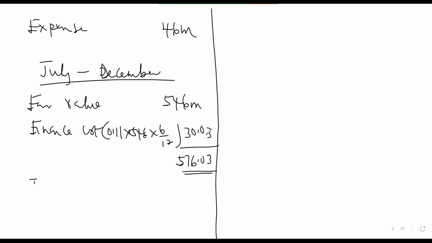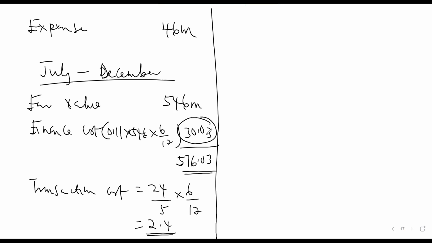So your transaction cost will also be capitalized, or someone can decide to write off the transaction cost to profit or loss at once, but that should be capitalized. So the transaction cost will now be 24 over 5 times 6 over 12. What are we getting? 2.4.